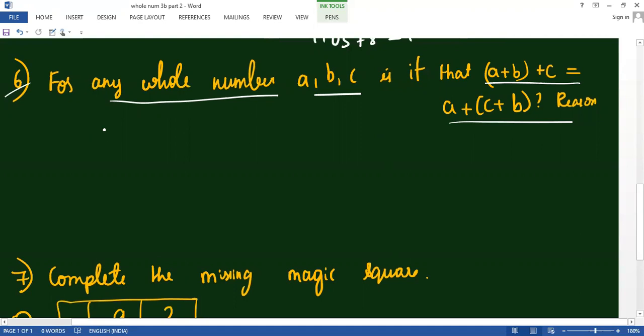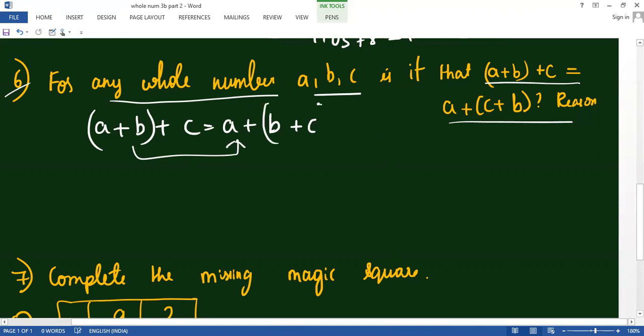As per our law, A plus B plus C is equal to A plus B plus C, so from this equation we can prove the associative law. But here they have given C plus B, whereas our law says B plus C. So this part comes under the commutative law.